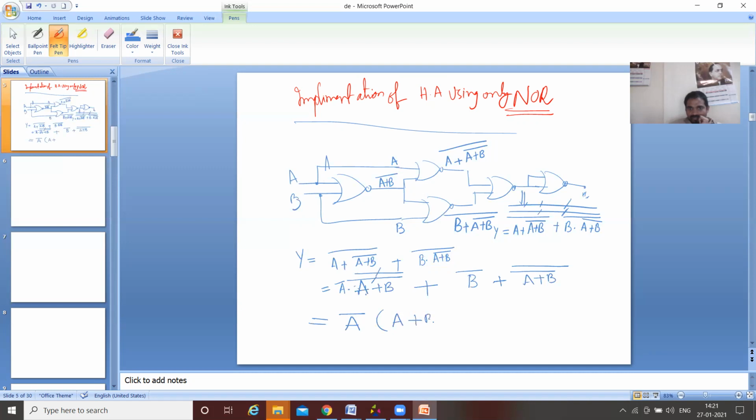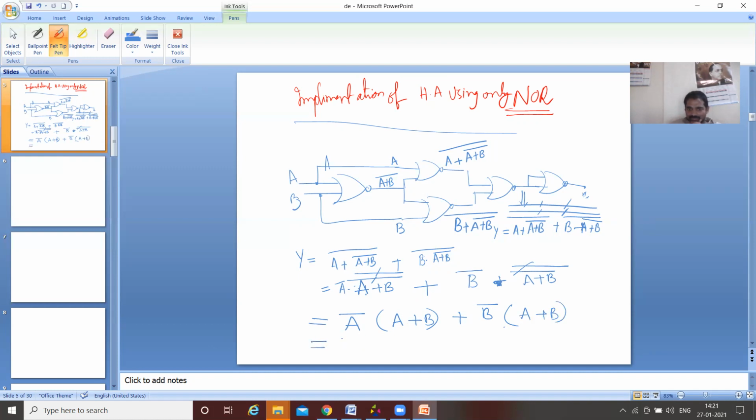So therefore A bar dot (A plus B), plus B bar dot (A plus B), and these two double bars get cancelled.